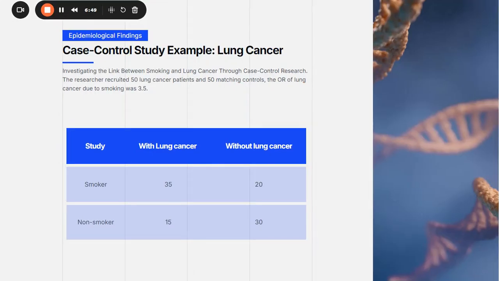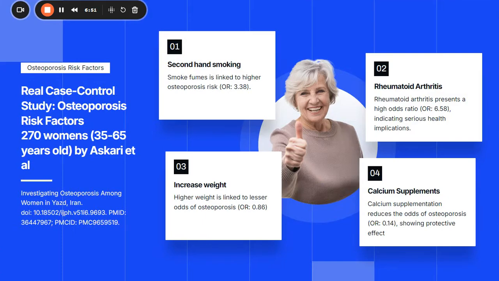Now let us take a real life example. This study was conducted by Akshari et al. in Iran, in which the researchers tried to determine various factors for osteoporosis in 270 women aged 35 to 65 years. Now, the researchers found a lot of outcomes, but I've written a few of them.